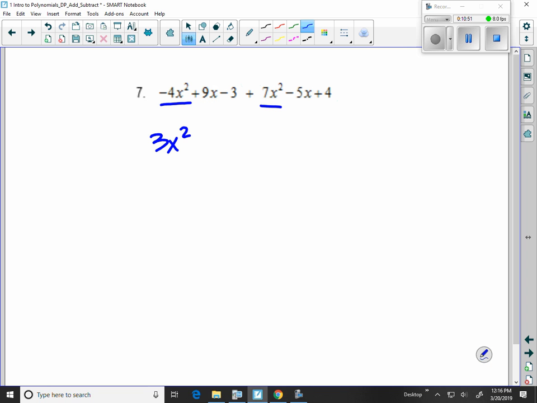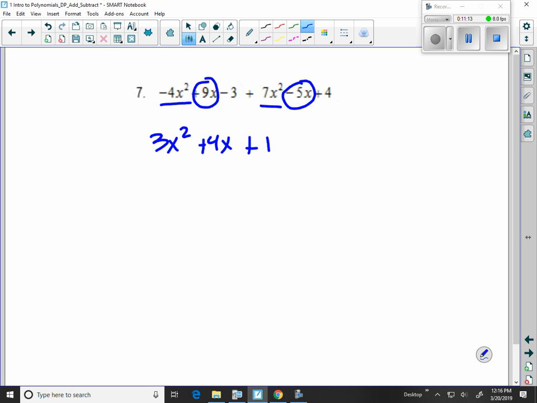We should have a -4 and a 7 for our x squared. So -4 plus 7 is 3x squared. And then I have a positive 9x and a negative 5x, so that would be a positive 4x. And then I have a -3 plus 4 for a plus 1.